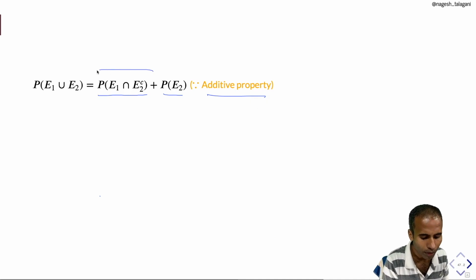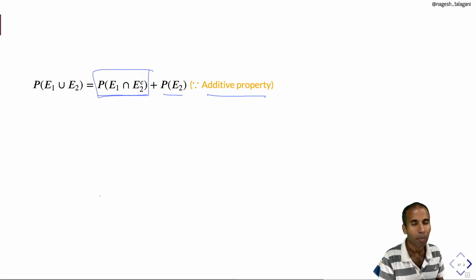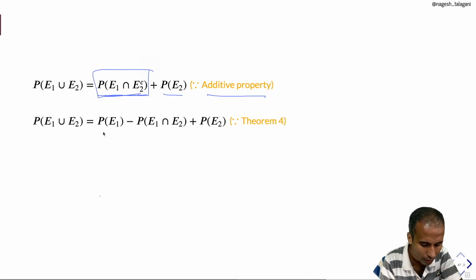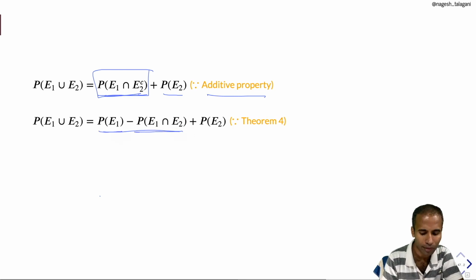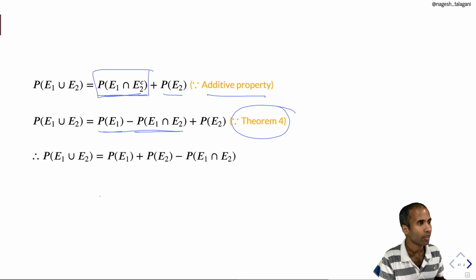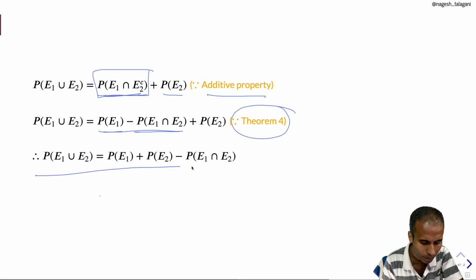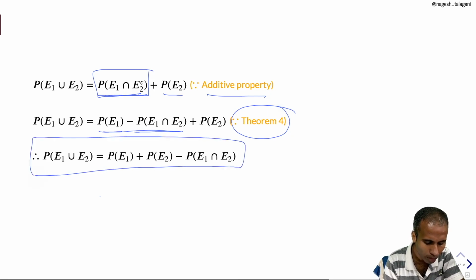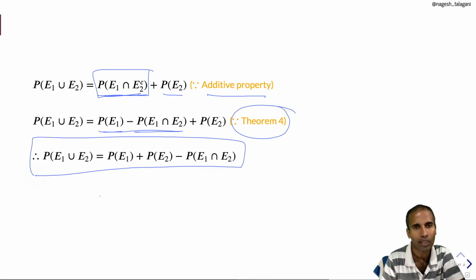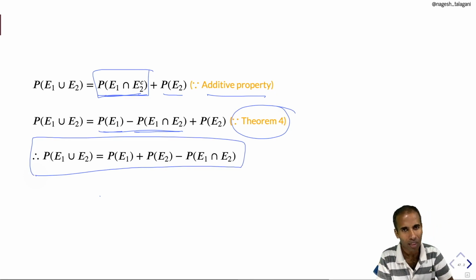Now from theorem 4, this can be replaced with probability of E1 minus probability of E1 intersection E2. So this part is replaced with probability of E1 minus probability of E1 intersection E2, because of theorem 4. So, done. Therefore the probability of E1 union E2 equals probability of E1 plus probability of E2 minus probability of E1 intersection E2. This is the addition theorem for two events.